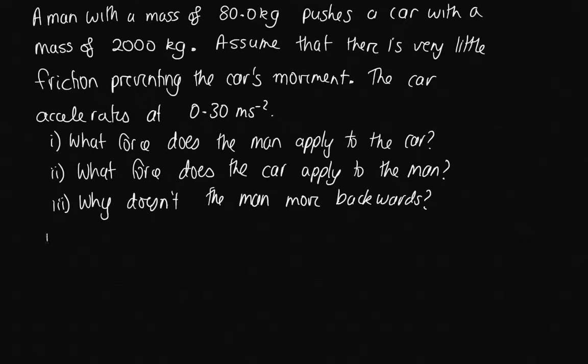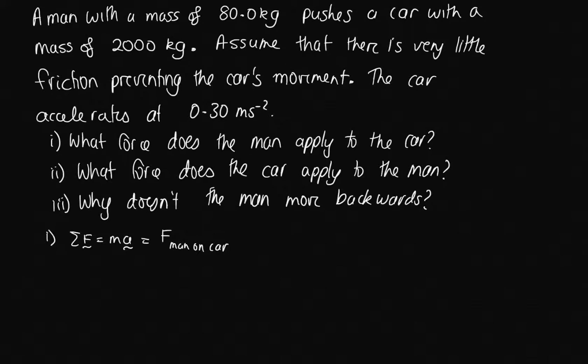Okay, so in part 1, we'll need to use Newton's second law. So we know that the sum of the forces is equal to ma. So in this case, the only force involved is the man pushing on the car, because we're told that there's very little friction, so that's basically telling us that there's no other forces. So this is equal to the force of the man on car.